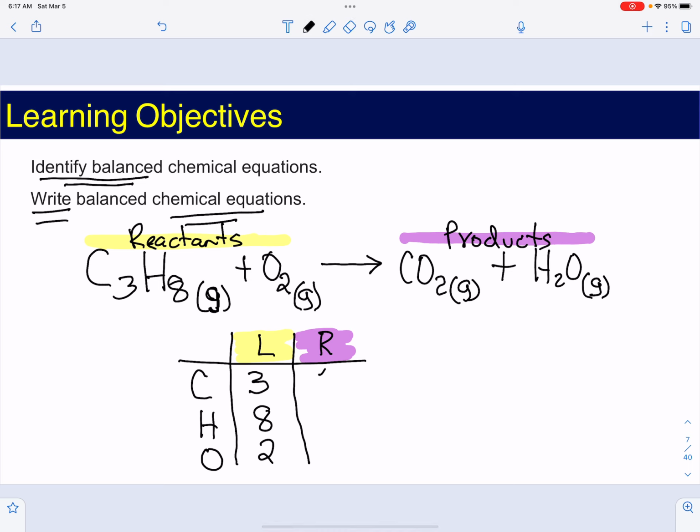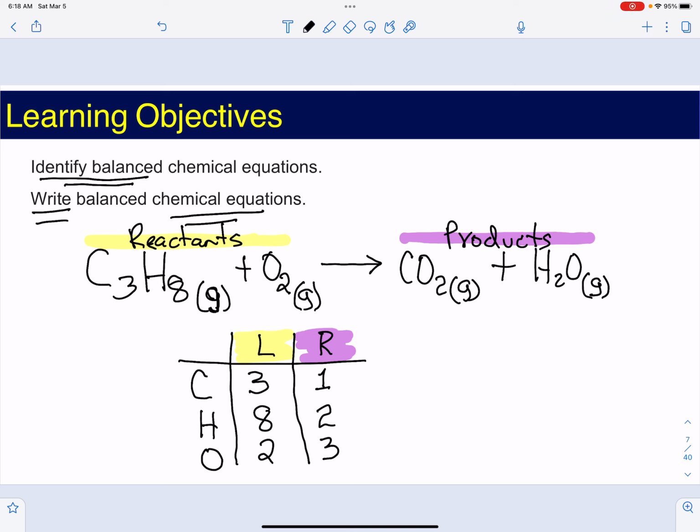So we can see a problem there already. I have only 2 hydrogens and 3 oxygens. So this equation is not balanced because you do not have the same number of elements on the left side, the reactant side, as you have on the product side, or the right side. So we have to force it to be balanced.